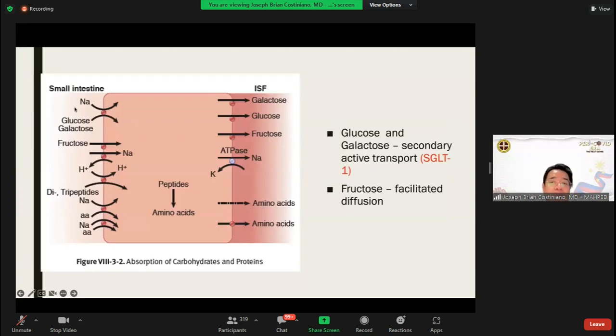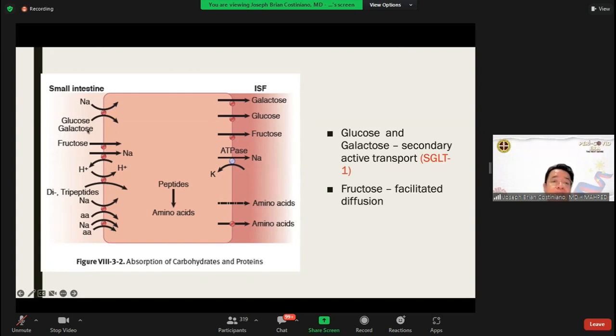So as you can see here, no? Your glucose and galactose have secondary active transport mechanisms. You have your SGLT1, no? And then your fructose, primarily, siya yung nagkaiba, no? Among the sugars, because your glucose and galactose need a carrier or active transport. Meanwhile, your fructose is only through facilitated diffusion as well, going into your interstitial fluid.